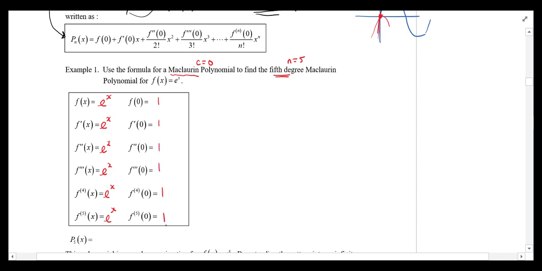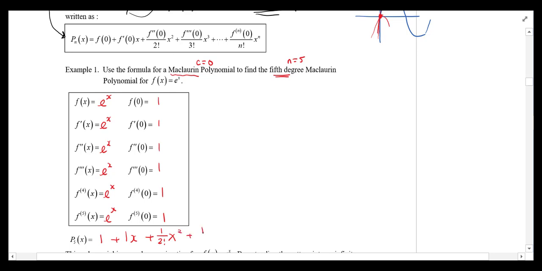So now we're going to use that formula and build the Maclaurin polynomial. The first term is f of 0. That's just 1. The second term is f prime of 0 times x. So that's just 1 times x. The third term is f double prime of 0, that's also 1 over 2 factorial times x squared.